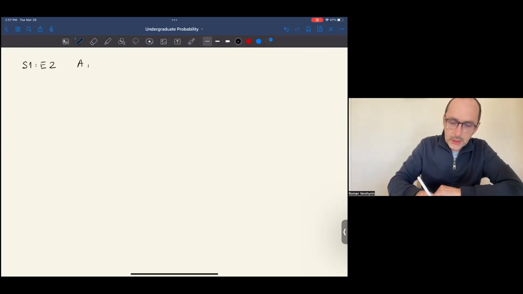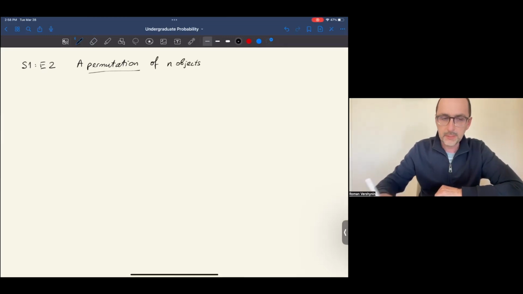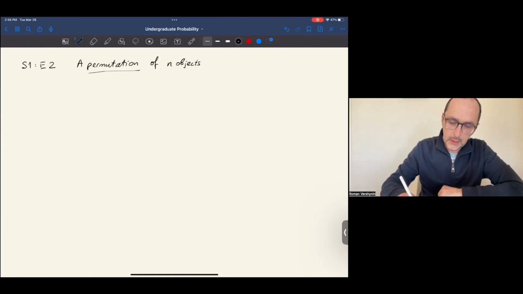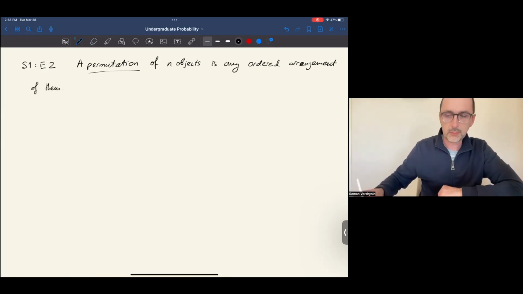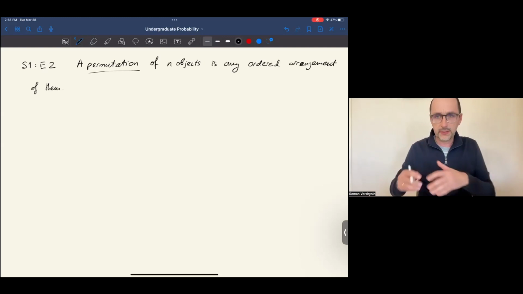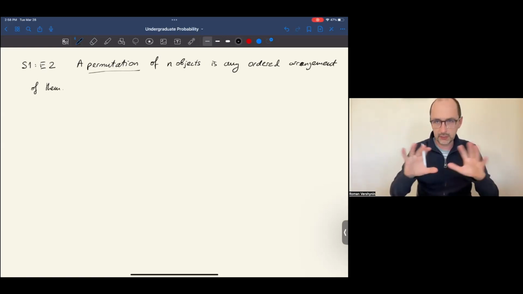Generally, a permutation of n objects, for example, of n people in front of the border control, is any ordered arrangement of them. Any arrangement, let's say Mike is first and Alisa is second and Joy is last, and so on and so forth.